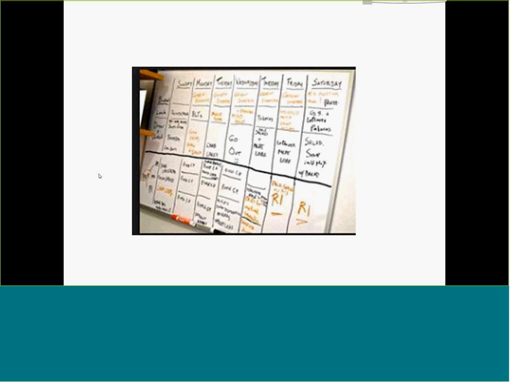This lets everybody in the family know what to expect. You don't have these what's-for-dinner-tonight kind of questions. We know what we're having for dinner tonight, tomorrow night, the next night, and so on. We know what we're having for lunch on Saturday. It's planned out, and meals are selected, like I said, to meet our goals.